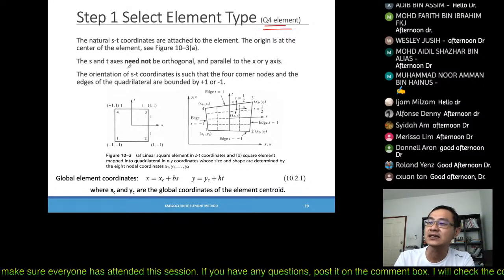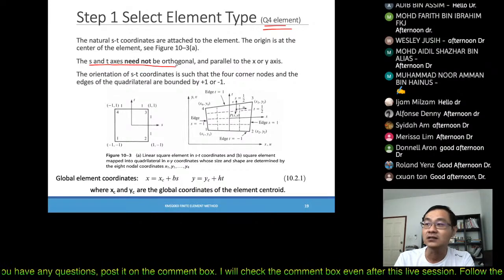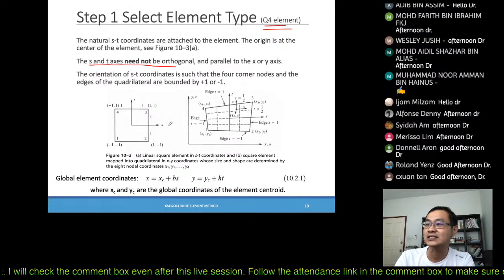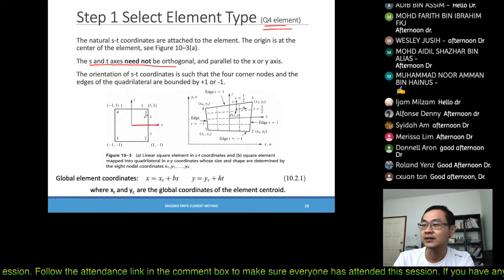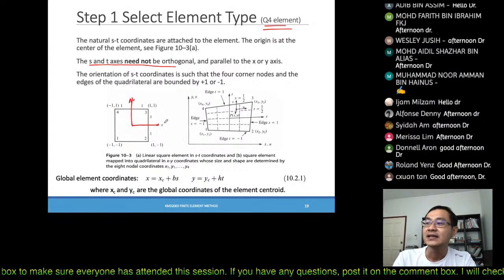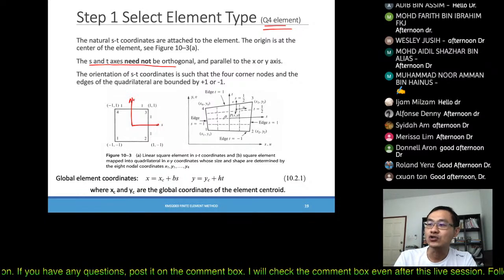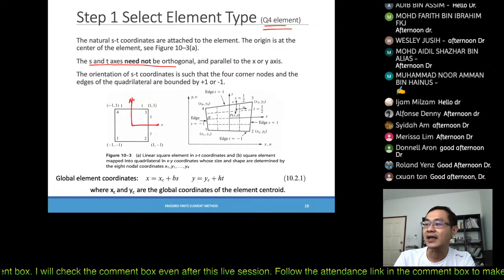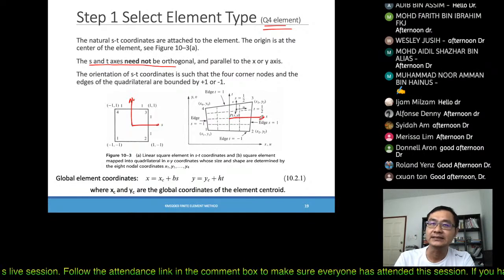As we see, the axes are not necessarily parallel to the Cartesian coordinates xy. Previously we put xy with our coordinates, but if you want, you can reorient them, as long as it gives you a proper coordinate system.